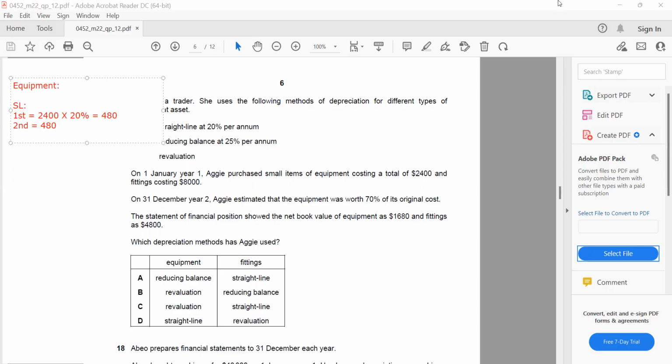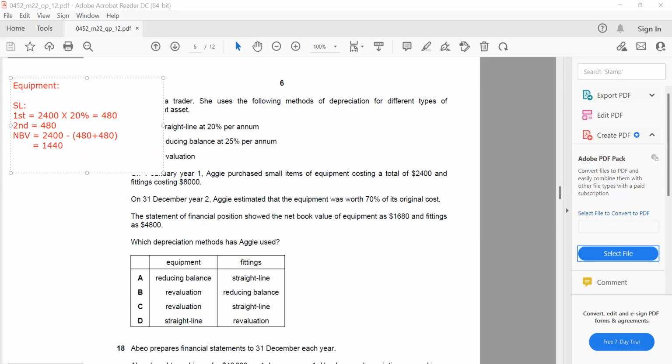So the second year, the net book value will be 2004 minus 480 plus 480. So I should get 2004 minus 480 minus 480, which is 1440.